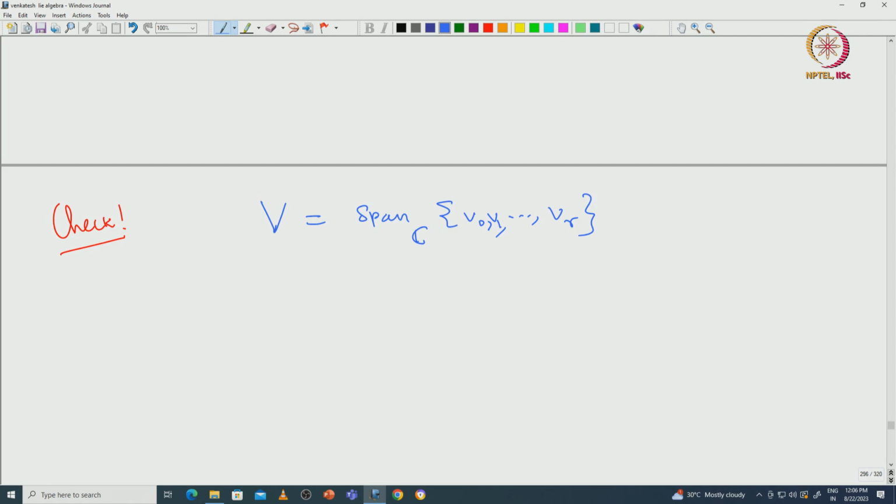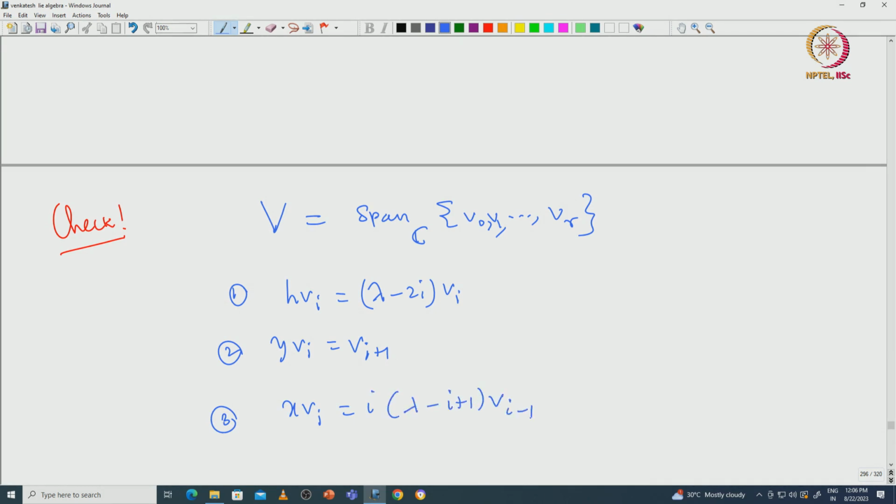Then you define the action of sl2C on this abstract vector space using the formulas: H V i equal to lambda minus 2i V i, and then Y V i equal to V i plus 1, and then X V i to be i times lambda minus i plus 1 V i minus 1.